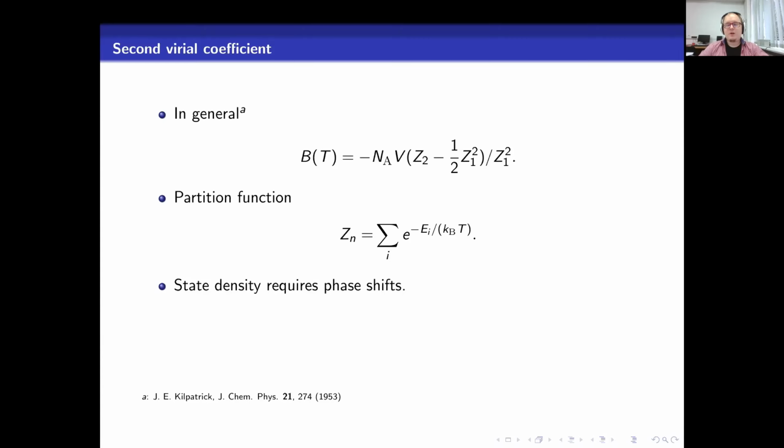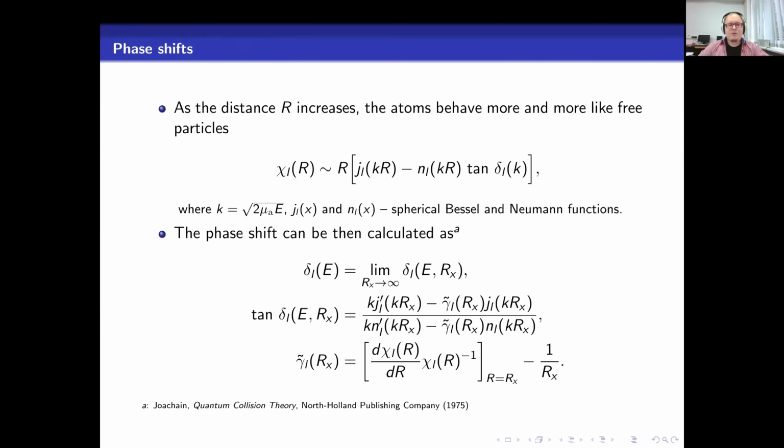So we need to calculate phase shifts quite accurately. We do so using this kind of formula. We assume, or we observe, that as the interatomic distance goes to infinity, the atoms obviously behave more and more like free particles.